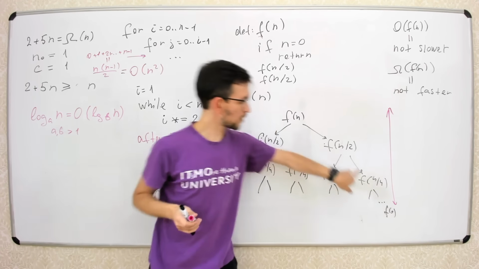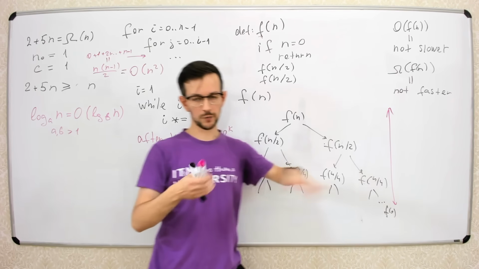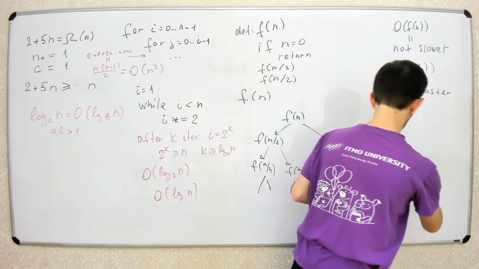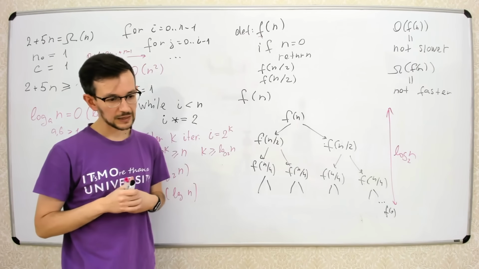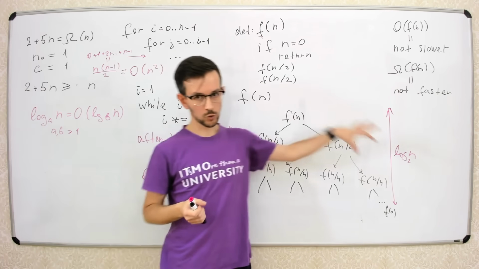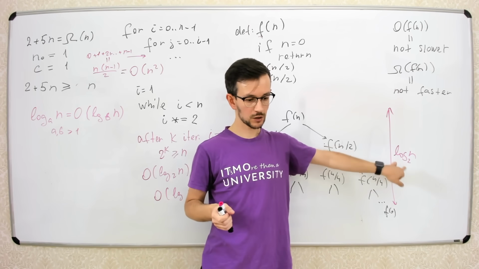So the number of calls on each branch of this tree will be log n.